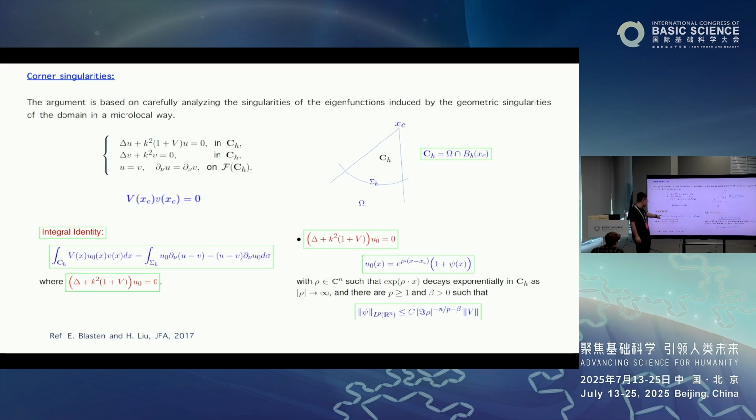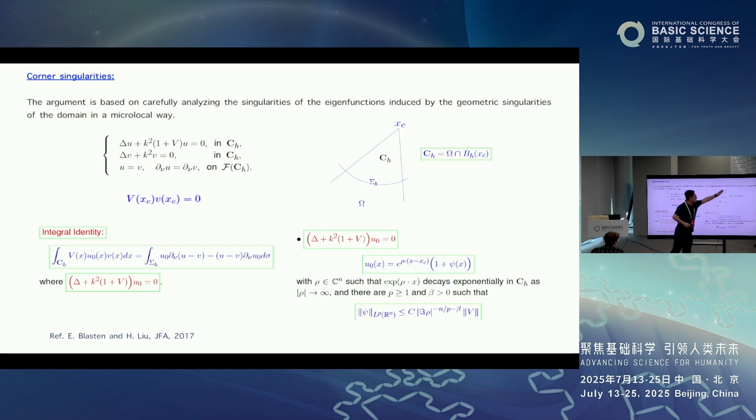For the volume integral, this is just the difference of the lower order terms here. For the boundary integrals, the boundary is composed of three parts: the two flat parts and also this curved part.